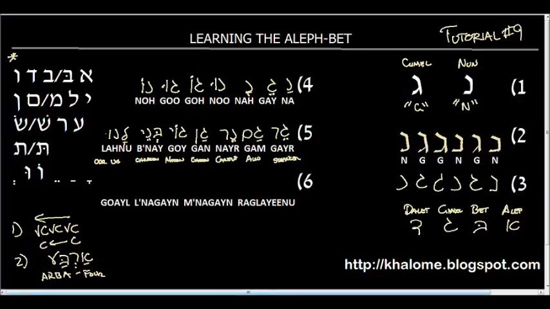For exercise 6, these are some longer words using the nun and the gimel. Ragleinu is going to have a resh, pata, gimel, silent shva, lamed, hard A vowel mark, and then we'll have a yud here, and they will work in conjunction with one another, those vowel marks.